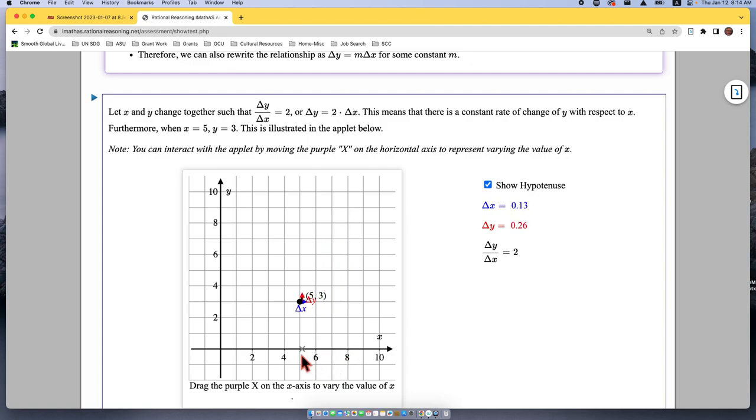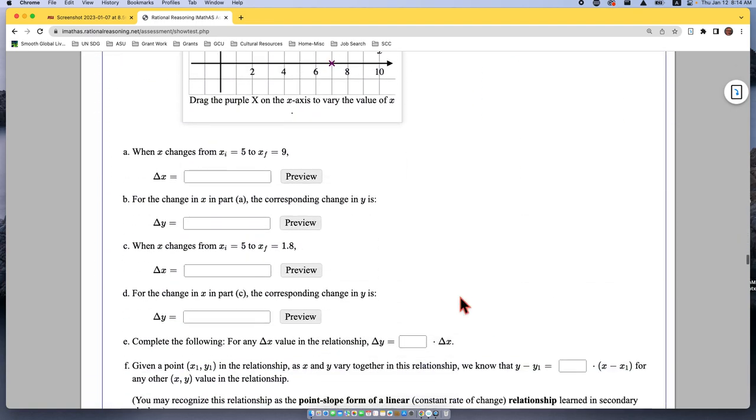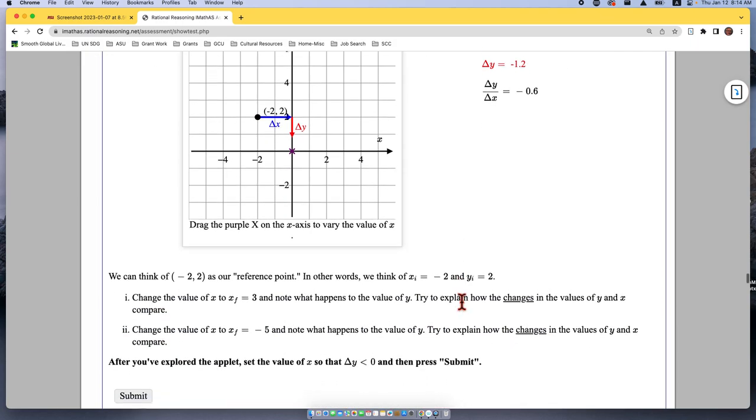The cool part is you can go backwards and it works both ways. If I go behind the point, it looks like we're going down. This is with the constant rate of 2. As y changes by 2, x is changing by 1. That kind of gives you that. Working with graphs.